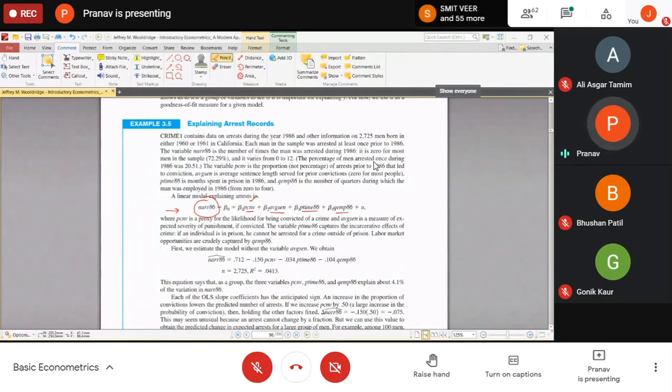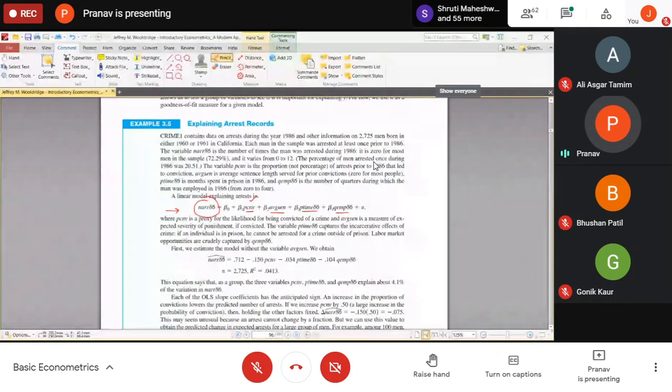There will be a literature, a reasoning behind all this: if a person is being arrested again and again in this year, if he was earning or had some income related to legal activities, there is less and less incentive for that person to indulge in criminal activities.